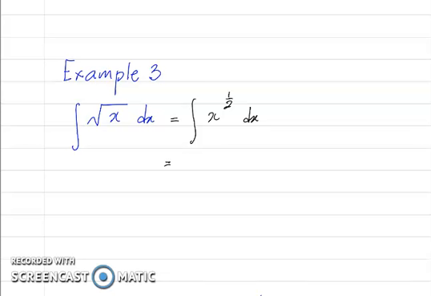Here the power is a half. If we increase the power half by 1, it becomes 1.5, which is 3 over 2. So this is x to the 3 over 2, divided by the new power, which is 3 over 2, plus c, which is the constant of integration.